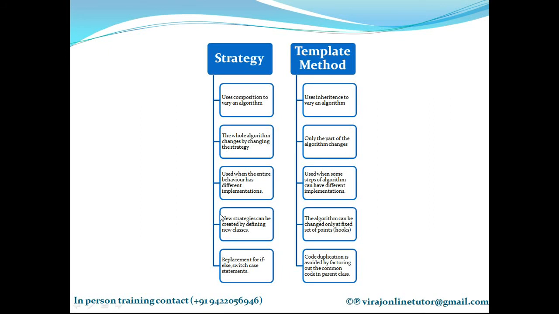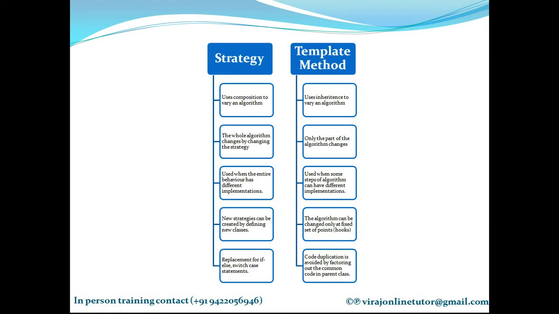Okay. The last difference in strategy and template is, in strategy, replacement for if-else switch case statements. So if you have many if-else switch case statements in your code, you can remove them using strategy pattern. And in template method, code duplication is avoided by factoring common code in your parent class.